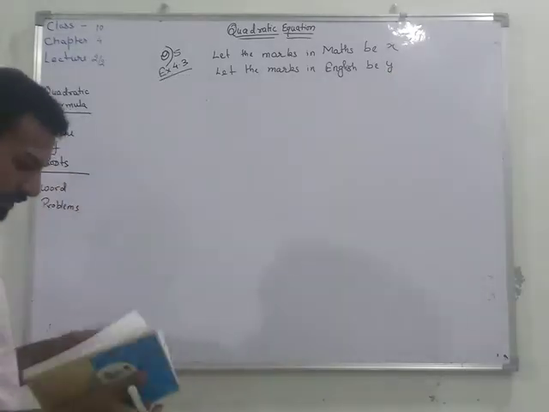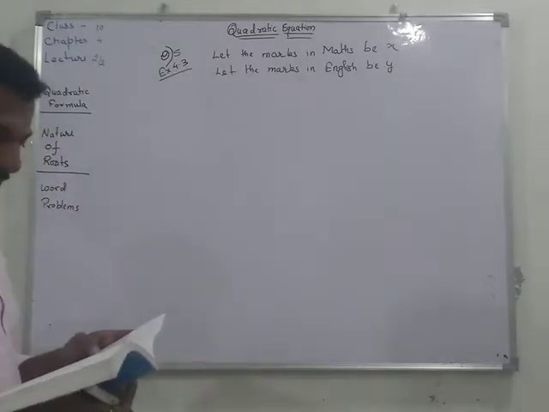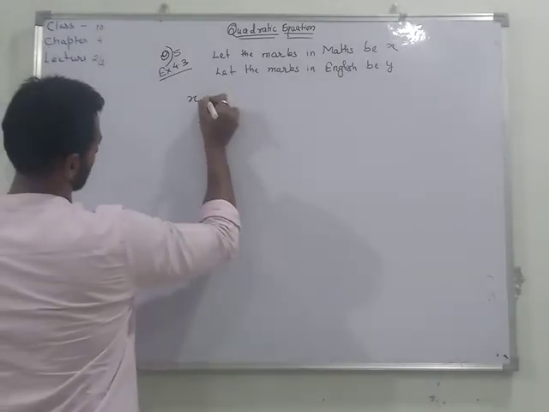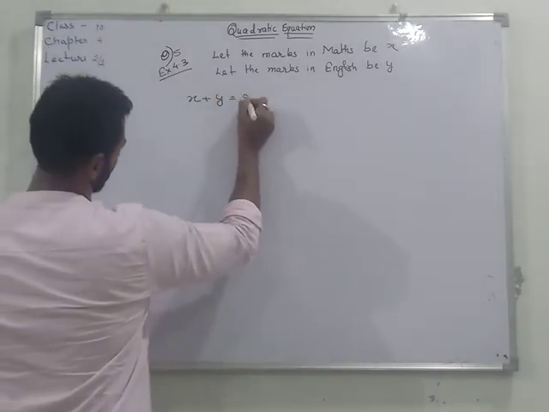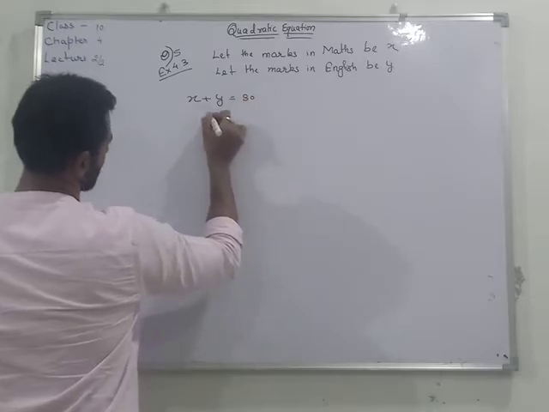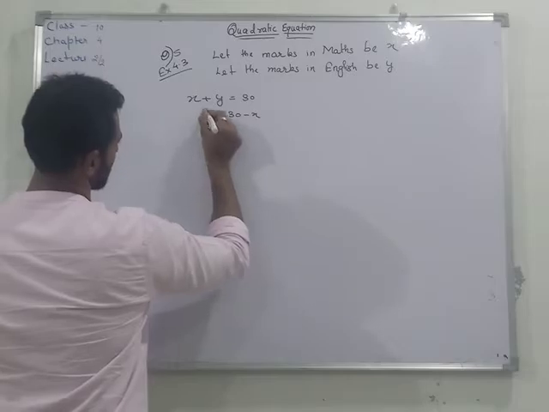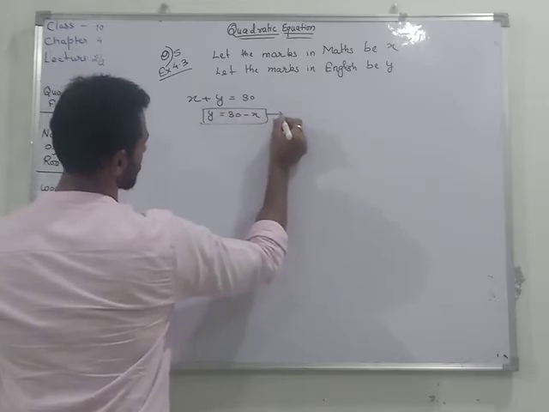The given condition says that the sum of the marks in mathematics and English is 30, which means x plus y is equal to 30. It can be written as y is equal to 30 minus x. This is equation number one.